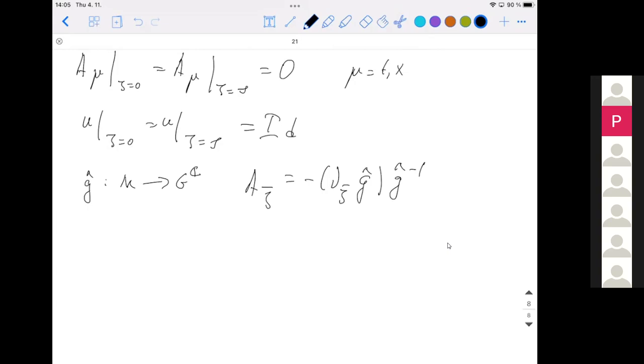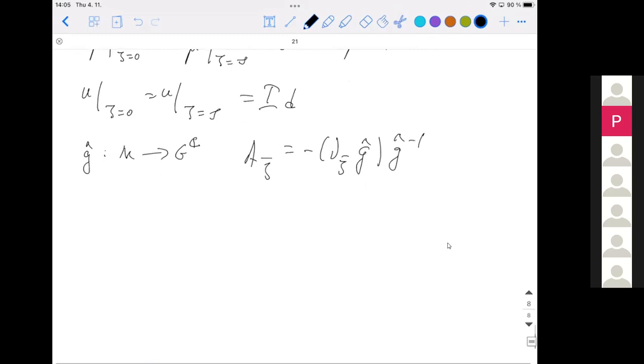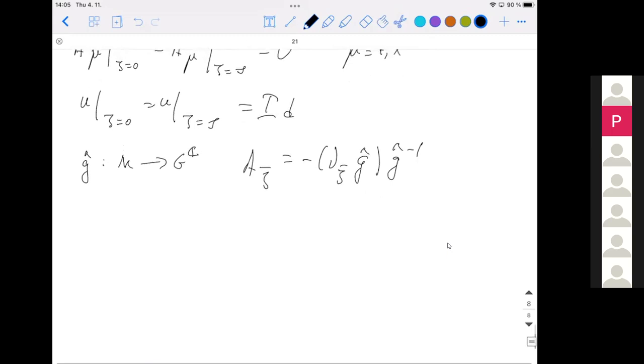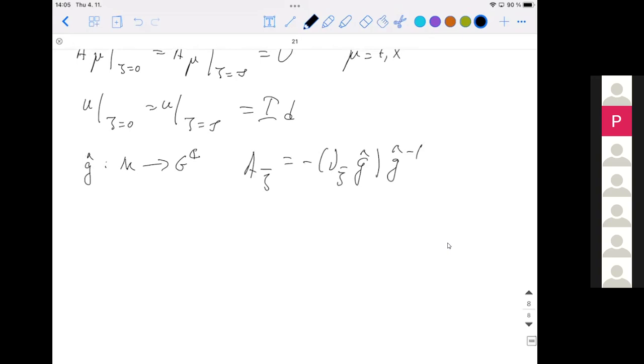So now we have this compatible gauge transformation, and the only physical degrees of freedom, as we said earlier, are located at the boundaries. So this is at G hat this and G hat 0.